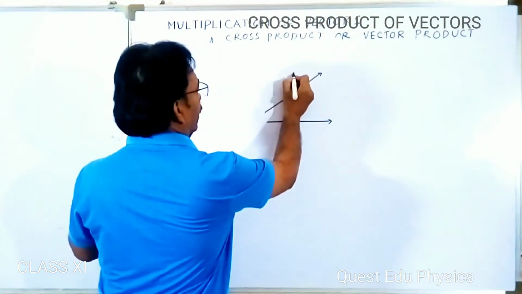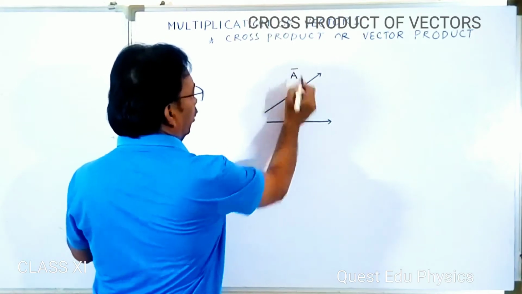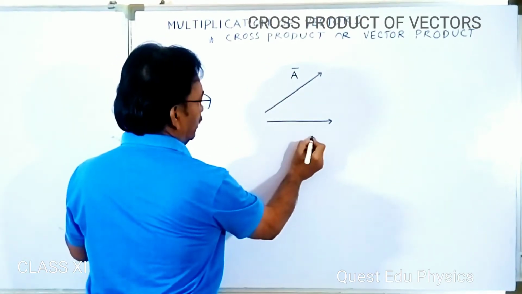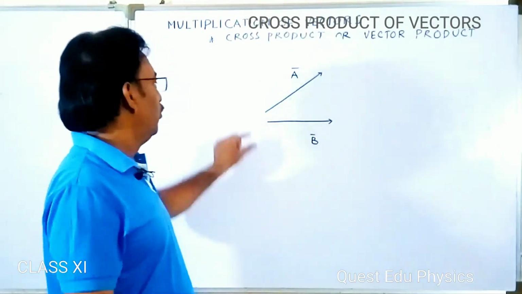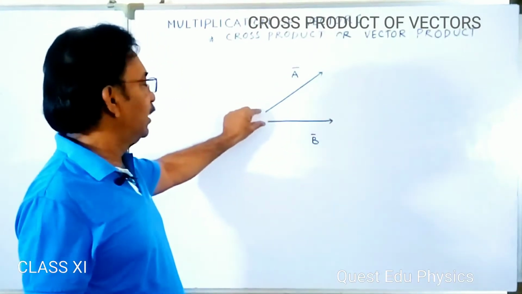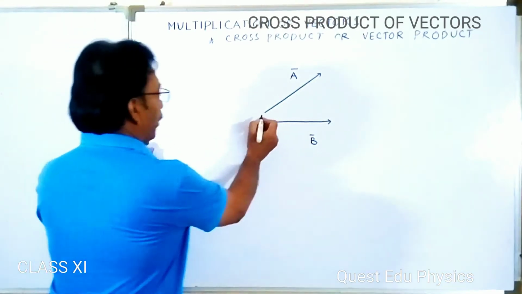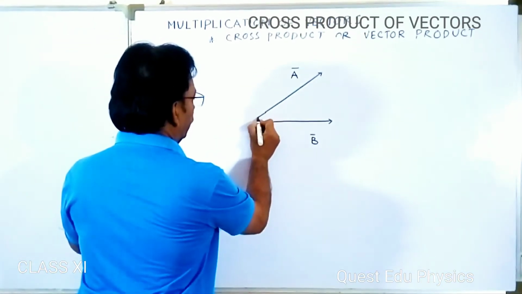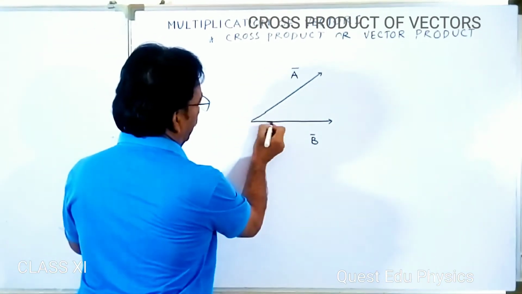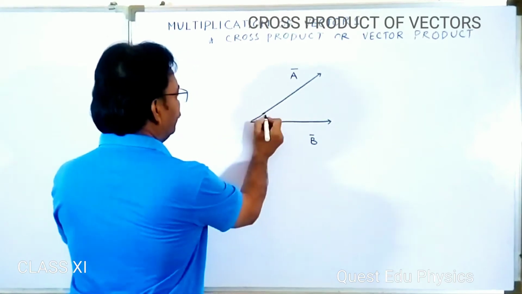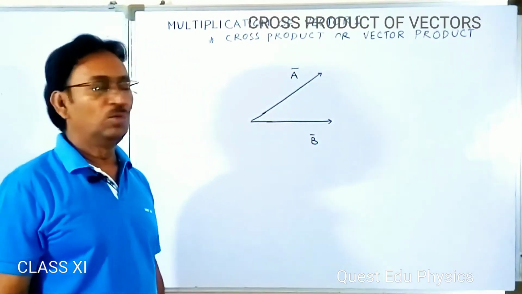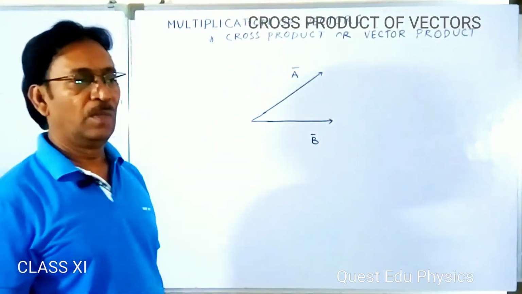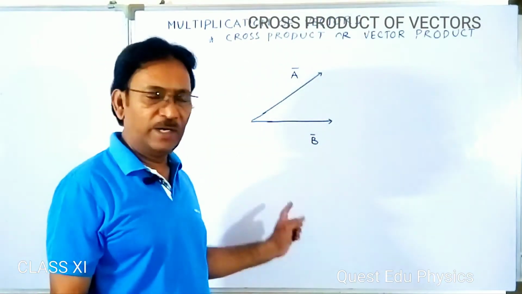Let's say it's vector A bar and it is B bar. To multiply them, we have to join their tails. Here I am shifting the vector, and the two have been joined like this. Then we have to do the multiplication. The multiplication of the vectors is very easy.